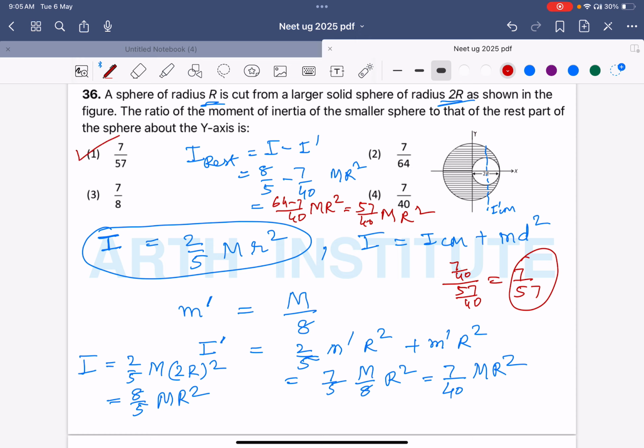Okay. So you have to remember two things. Number one, the moment of inertia of a sphere about a diameter. Then you have to remember the parallel axis theorem. And the third is that the moment of inertia of the remaining part is the moment of inertia of the original minus the moment of inertia of the sphere which has been removed, about the same axis.